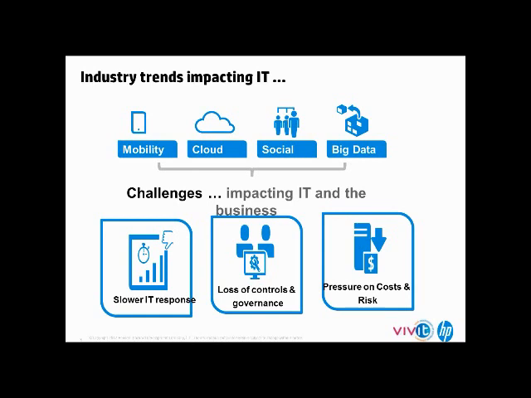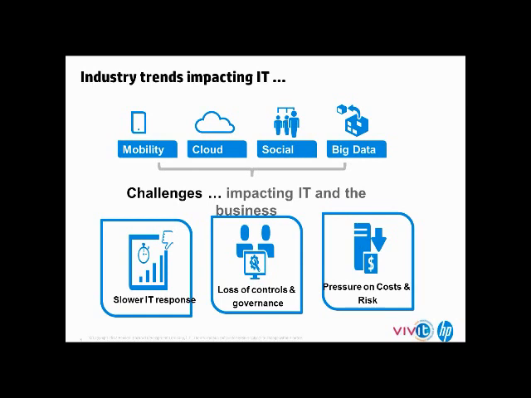That's where IT has more responsibility to ensure the controls and the governance, right? And the third most important part is obviously the cost. Enterprise IT is under continuous pressure to cut down on the cost and still deliver on the business ask and minimize the risk. So now we are familiarized with the technology trends that are happening and the challenges for each of these opportunities.